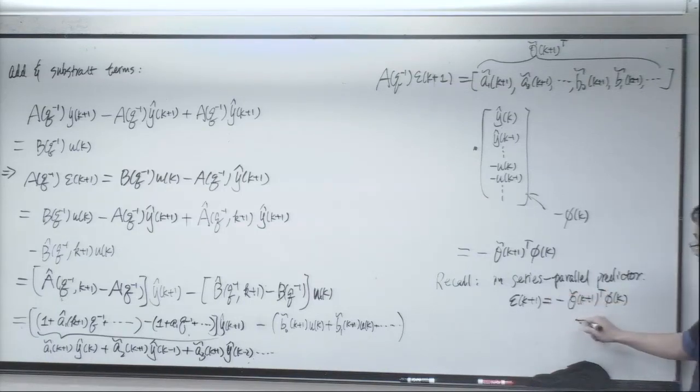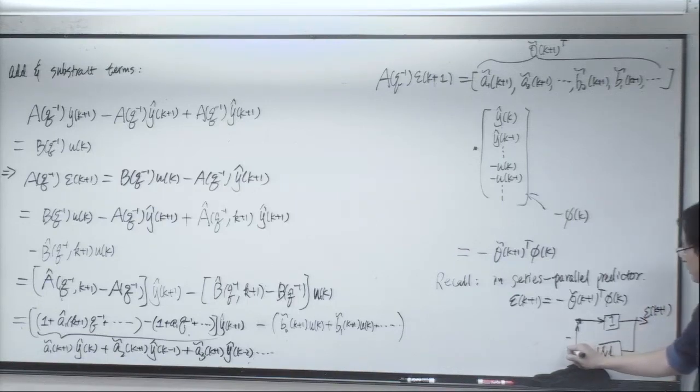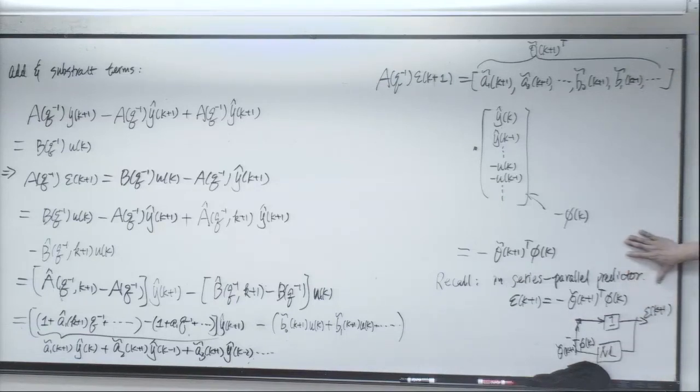In the sense that the block diagram, the feed-forward path is exactly just 1. All right, that's the series parallel predictor from previous lectures.